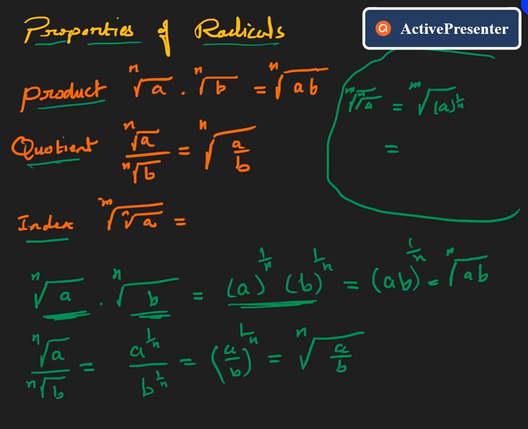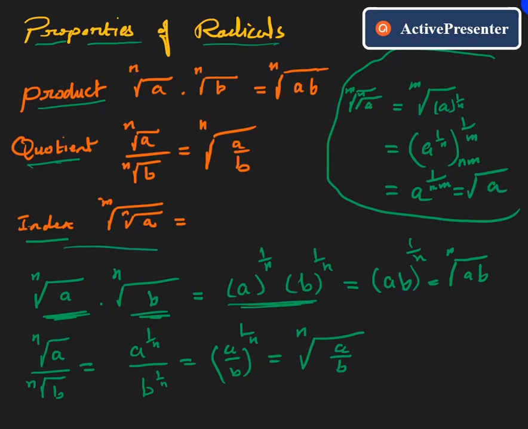Which is eventually equal to a to the power 1 over n, all to the power 1 over m, which is equal to a to the power 1 over n multiplied by m, which is eventually the nm-th root of a.